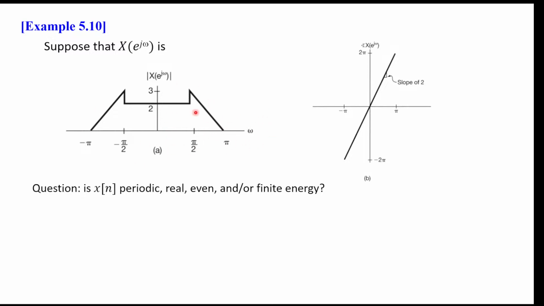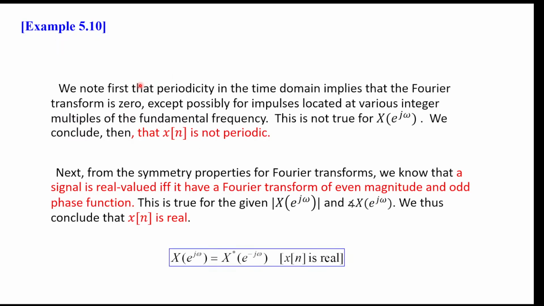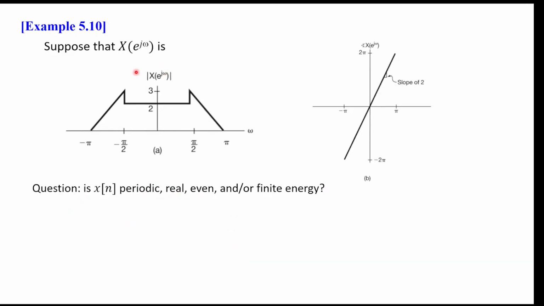Because if you do the complex conjugation, the amplitude doesn't change, and if you change omega to minus omega, this doesn't change either, so that checks out.